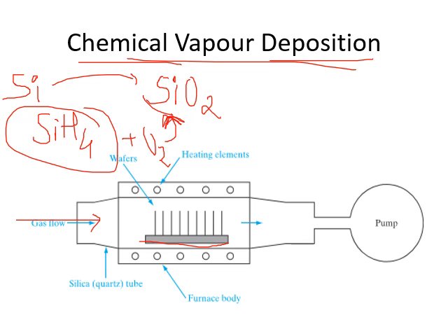So external silicon in the form of SiH4 is supplied so that the silicon present on the wafer is not consumed. To avoid that consumption, we go with the chemical vapor deposition technique. So this was the concept covered in the previous lecture.